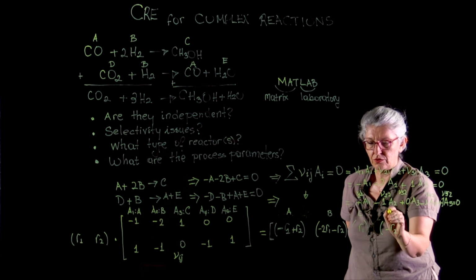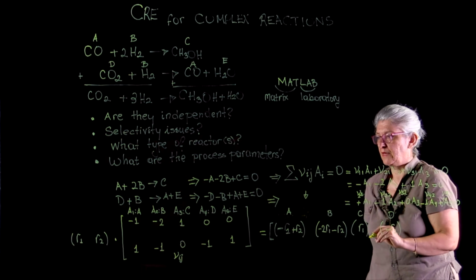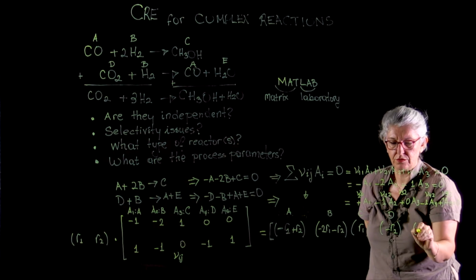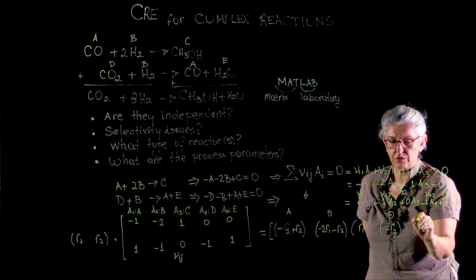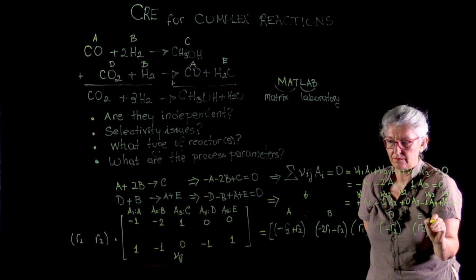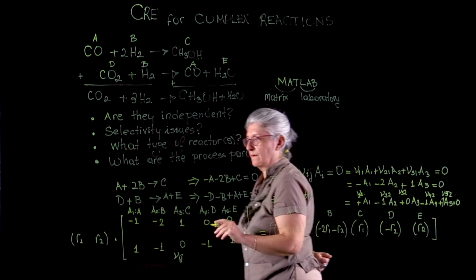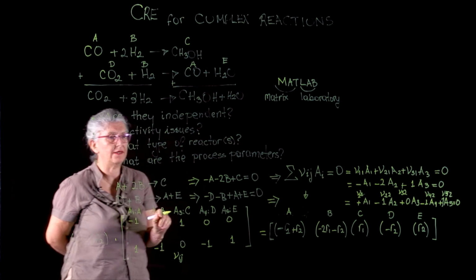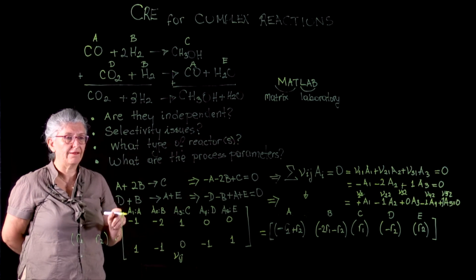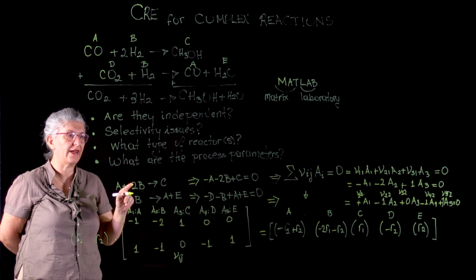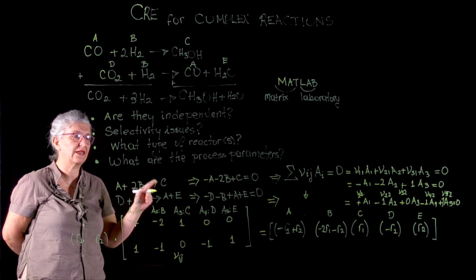This belongs to the D column. And my fifth term is plus R2. This belongs to the E column. Now, when I did this matrix multiplication, what I generated was the net rate of reaction with respect to that component.